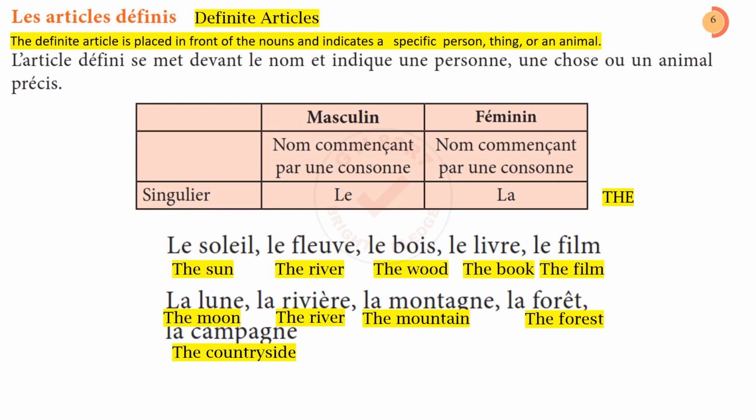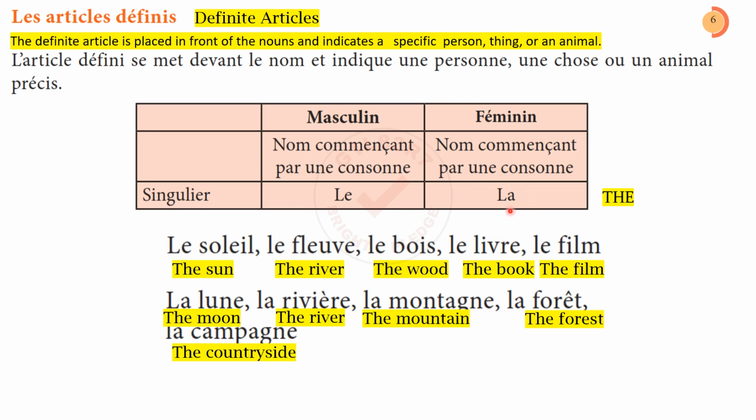Next, you have definite articles, les articles définis. Again, these are used in front of the noun, and here it indicates a specific person, thing or animal. When it's a masculine singular noun beginning with a consonant, you're going to use le. And when it's a feminine singular noun beginning with a consonant, you're going to use la.